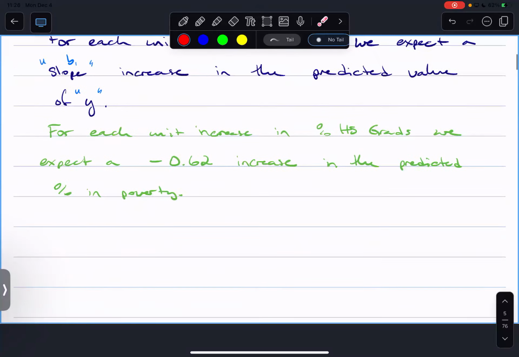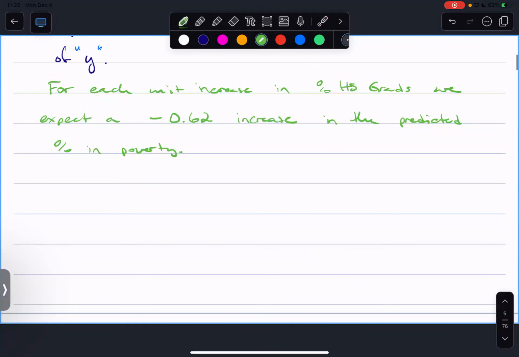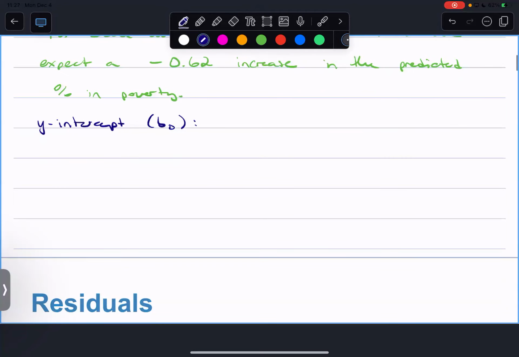There. So now for the y-intercept, maybe I should use the same format.